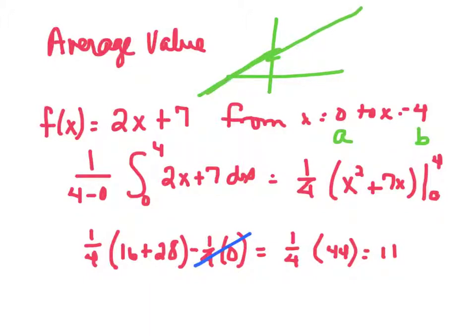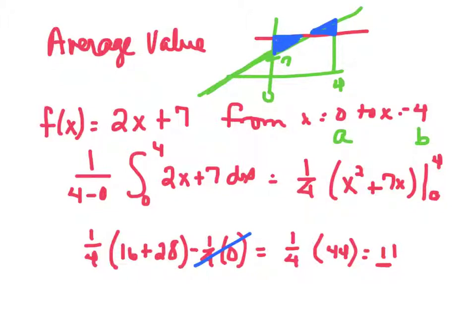Remember, this is at 7. And we considered the part from 0 to 4, that if you were to graph where y equals 11, because that was my average value, so let's say right around there, then what should happen is this area that I have here will fill in this rectangle here.